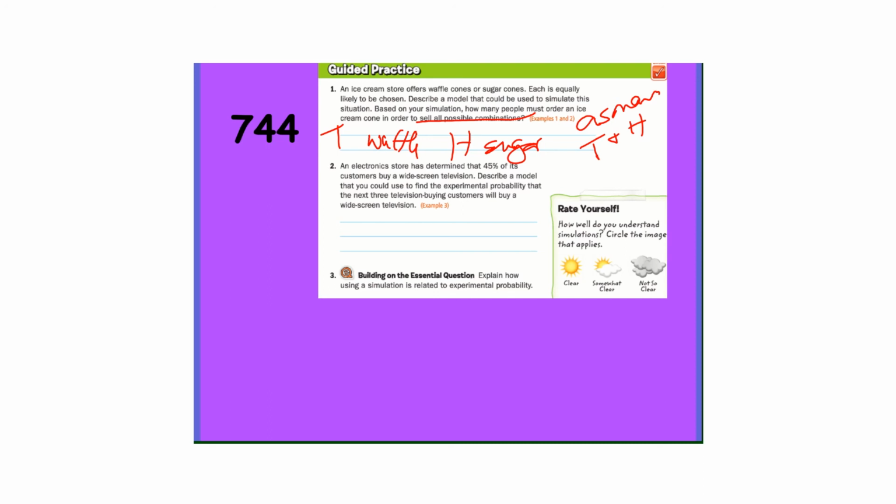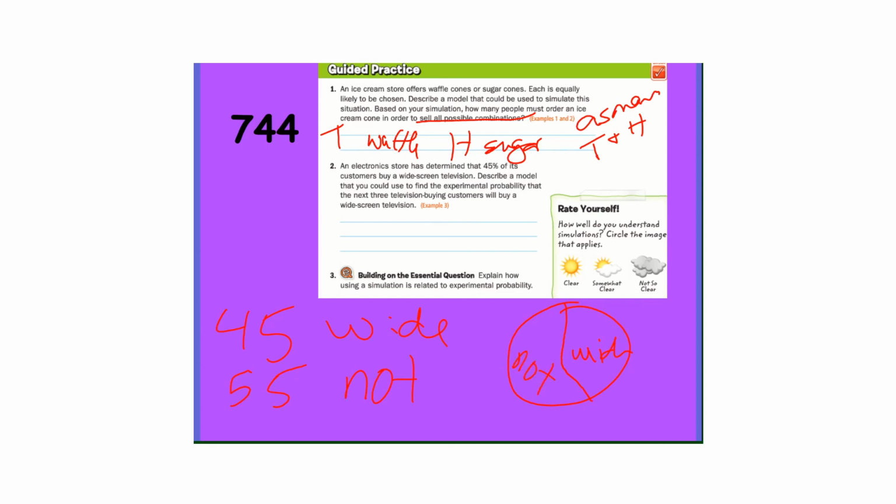So maybe you're saying 45 cards in a hat that say widescreen on them, and 55 that say not widescreen. You could do a spinner with 45% widescreen and the other 55% not.